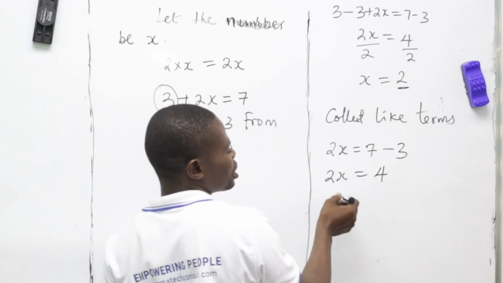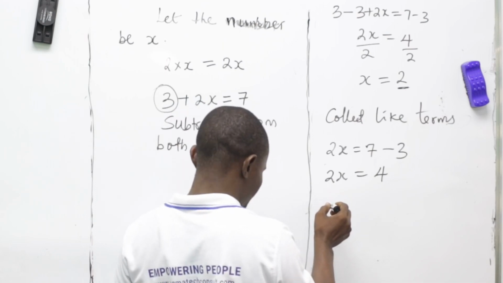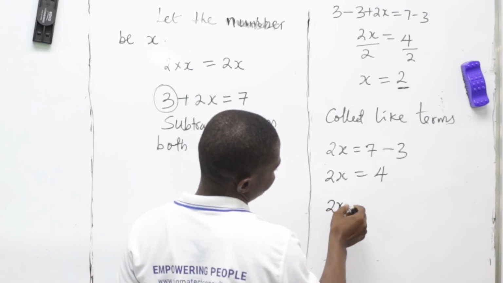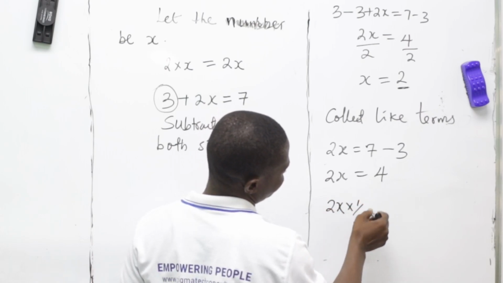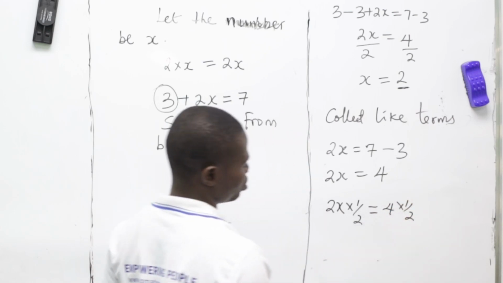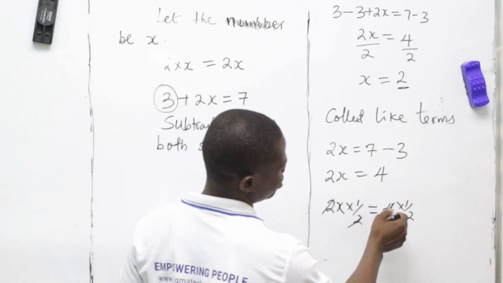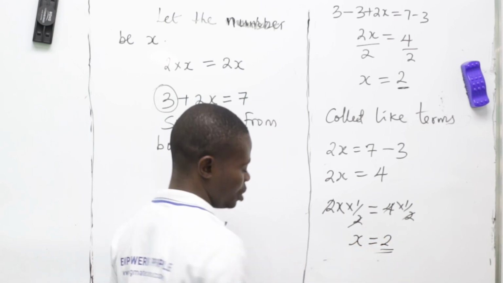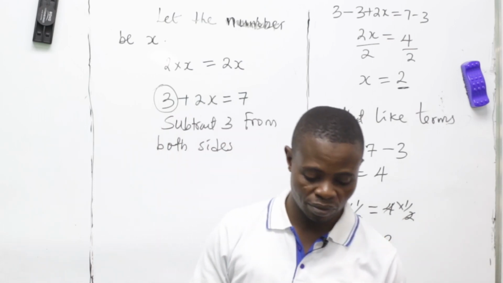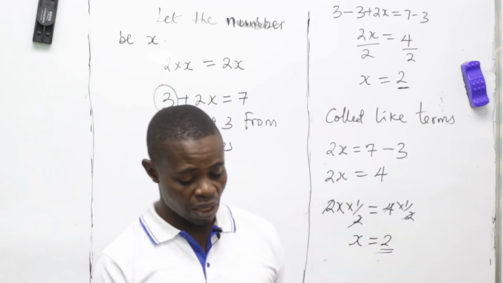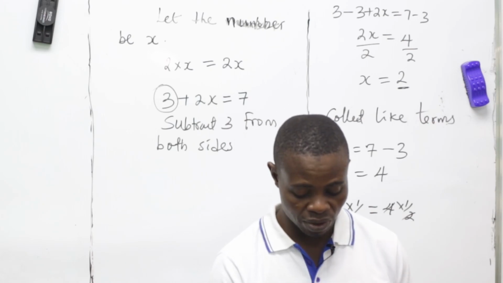Now multiplying both sides by the multiplicative inverse of the coefficient of x, that is 2x multiplied by 1 over 2 equals 4 multiplied by 1 all over 2. So x equals 2. The same solution. Now let us go over to the problem that will lead to quadratic.